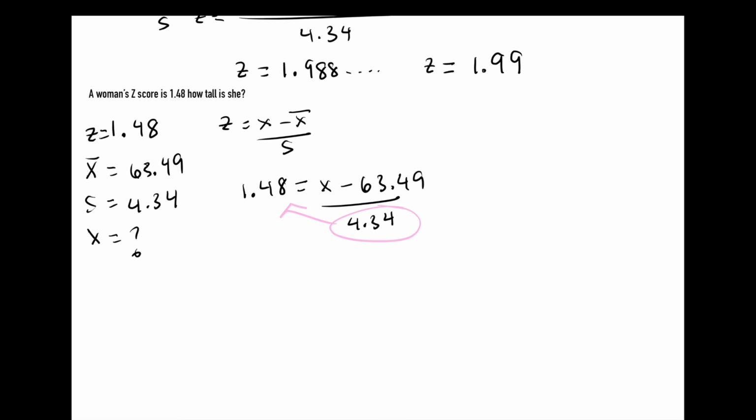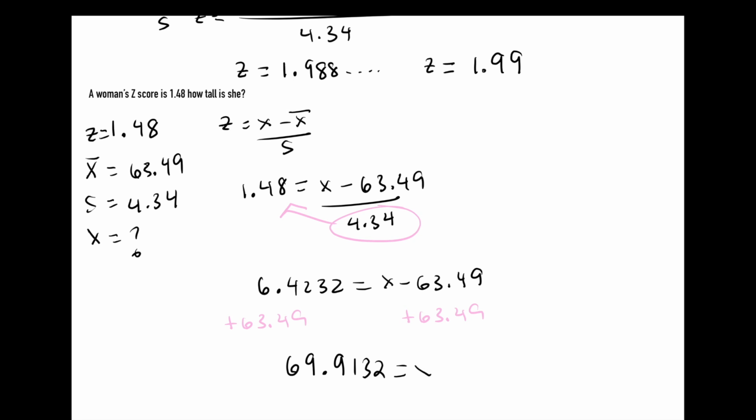So we're going to first get rid of our denominator by multiplying both sides by 4.34, which gives us 6.4232. And then I want to isolate X, so I'm going to add 63.49 on both sides. And that leaves us with 69.9132 is equal to X.